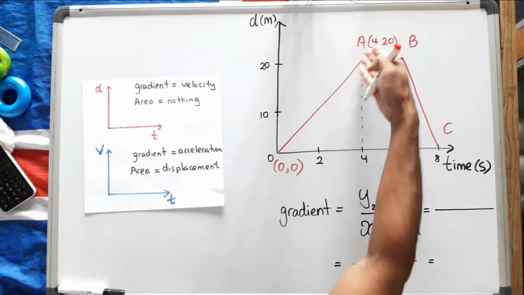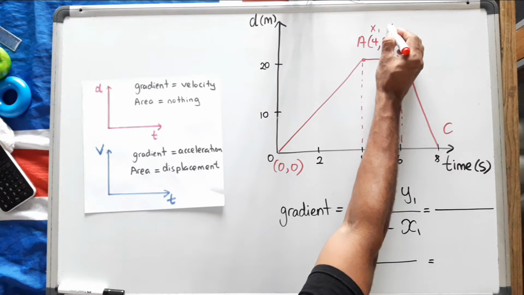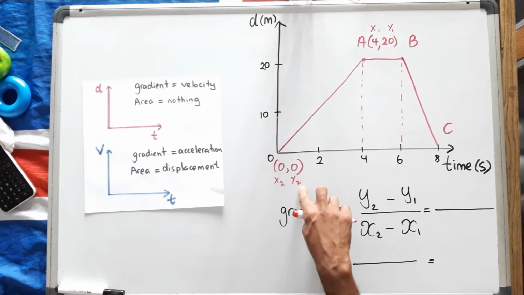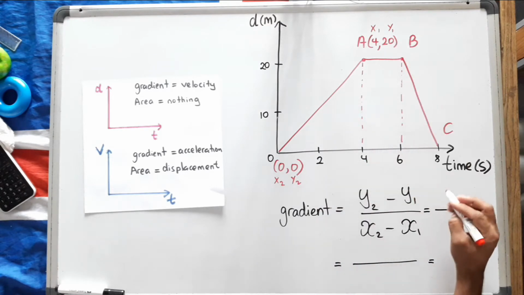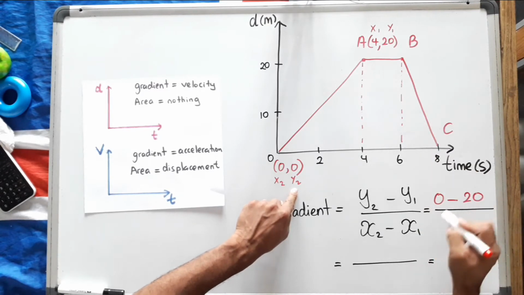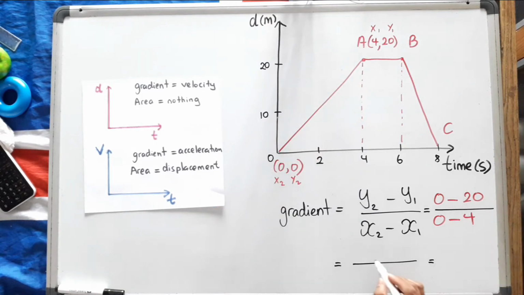So to find the velocity of this portion of the graph, I just have to remember my gradient formula: y2 minus y1 divided by x2 minus x1. I'm going to call the first point x1, y1, and the next point x2 and y2. It doesn't matter which one you call x1 and y1. So let's throw it into the formula. y2 is 0 minus y1, which is 20, divided by x2, which is 0, minus x1, which is 4. 0 minus 20 is minus 20, 0 minus 4 is minus 4.